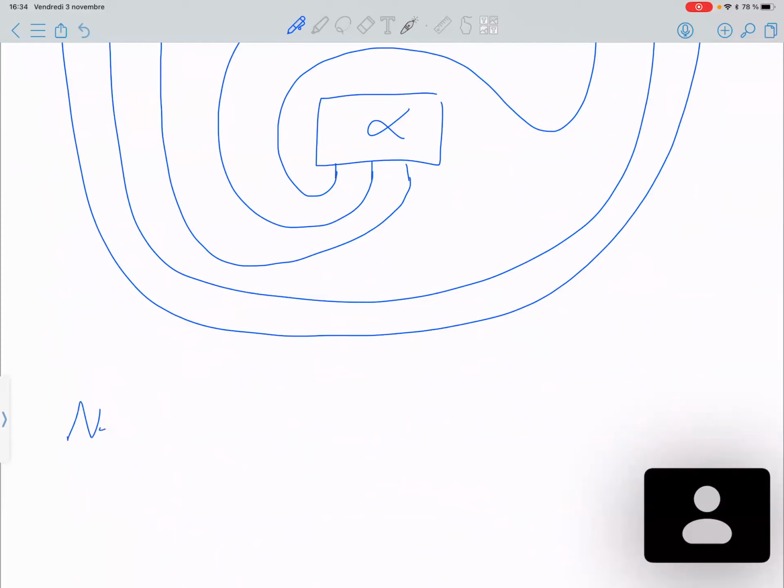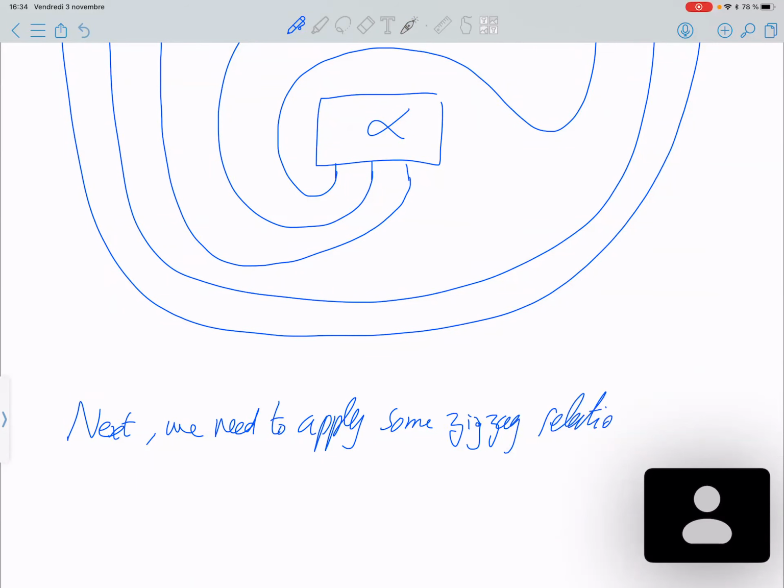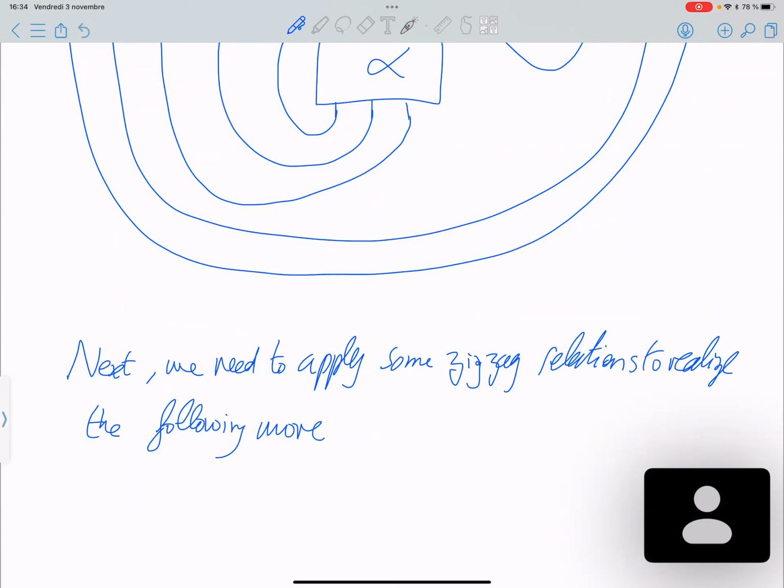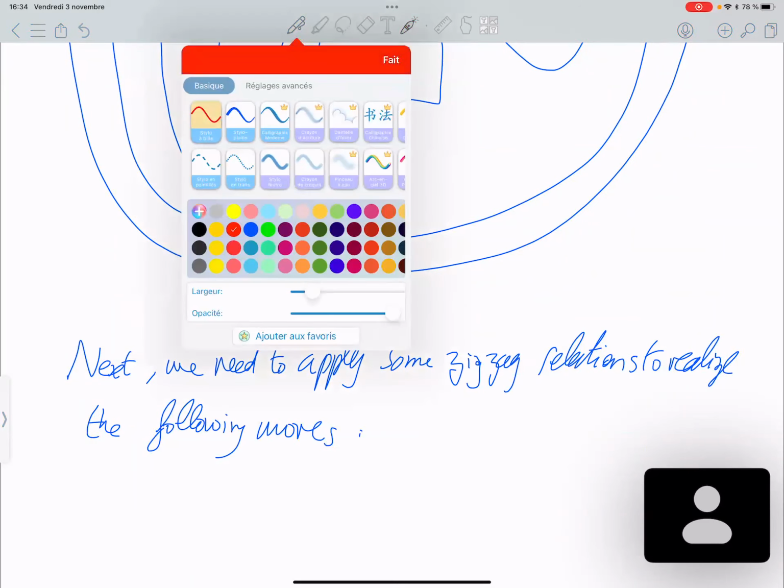So next, we need to apply some zigzag relation to realize the following move, which can be drawn like that.